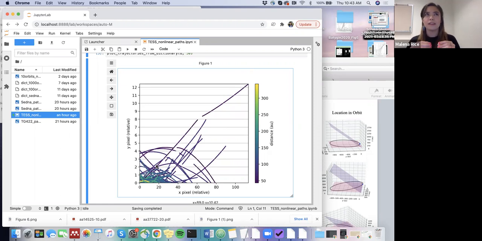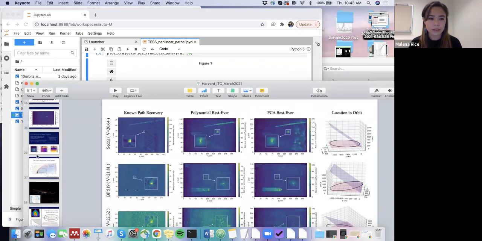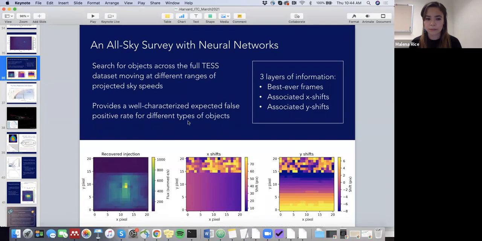And so what you're seeing is the maximum overlap occurs at the center, and then you have a tapering off that corresponds to decreasingly overlapping paths. You can see this also in these images. A given best-ever frame corresponds to this gradient in X shifts and Y shifts if it's a bright signal, where the center, corresponding to this bright point, is going to be the true signal, or the path that best overlaps with the real path of this injection.